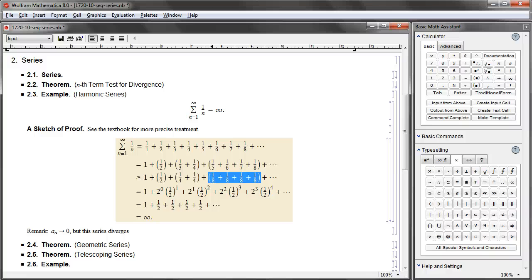In general, 2 to the n minus first numbers where the smallest is 1 over 2 to the nth power, so that you get just 1/2 every single time after underestimation. That is the key technique here.